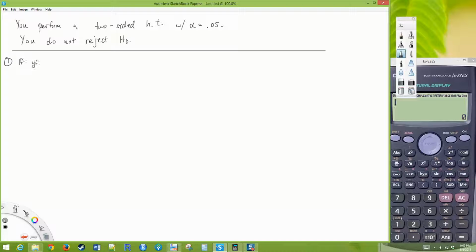If you had used alpha equal to 0.01 instead, what would your conclusion be?